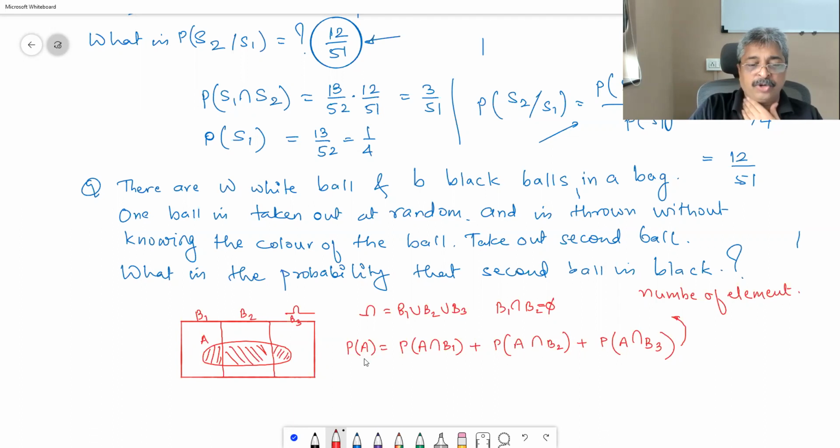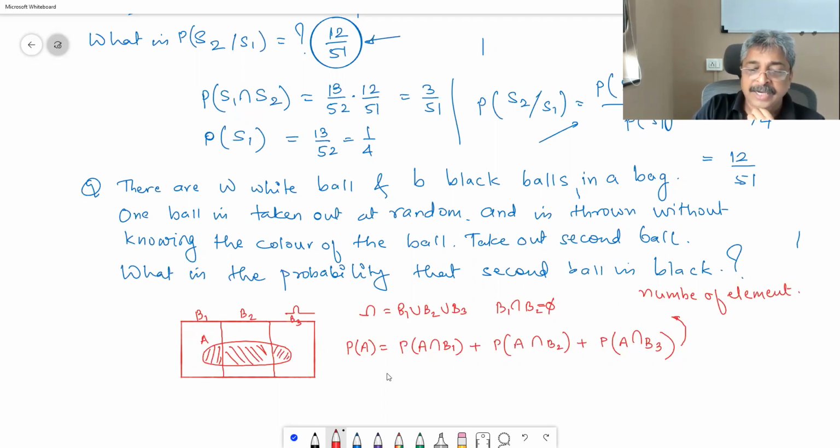Probability of A, if I want to find out, is the number of elements in set A divided by the total number of elements in the total space omega. That is the LHS, which is as good as writing probability of A intersection B, that means this area plus this area plus this area.